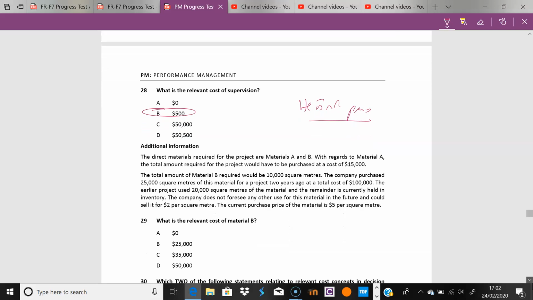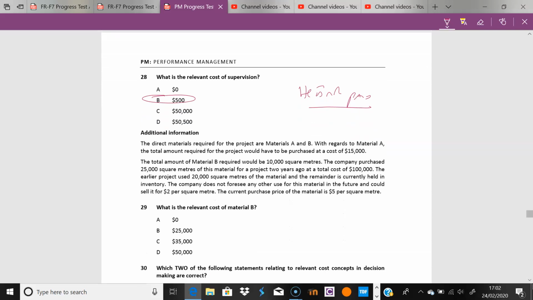This is again to do with material. The focus is on material B, so I'll ignore this. It says here the total amount we need is 10,000. We bought 25,000 some time ago, 2 years ago, and we've used 20,000 of it for a project, and we have 5,000 sitting in inventory.